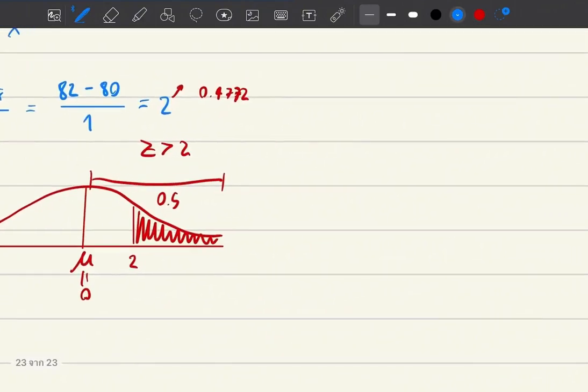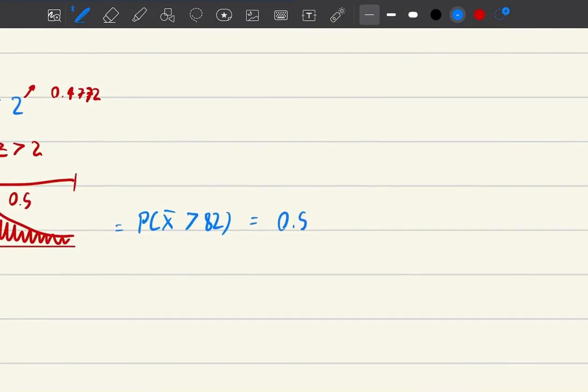So the probability of x bar being more than 82 will equal 0.5 minus 0.4772, which is equal to 0.0228.